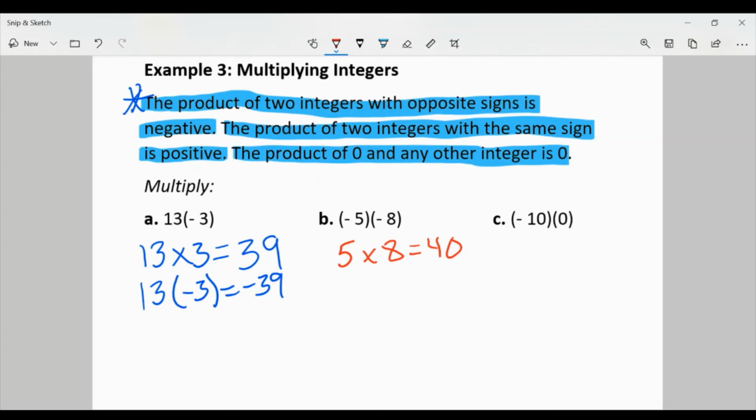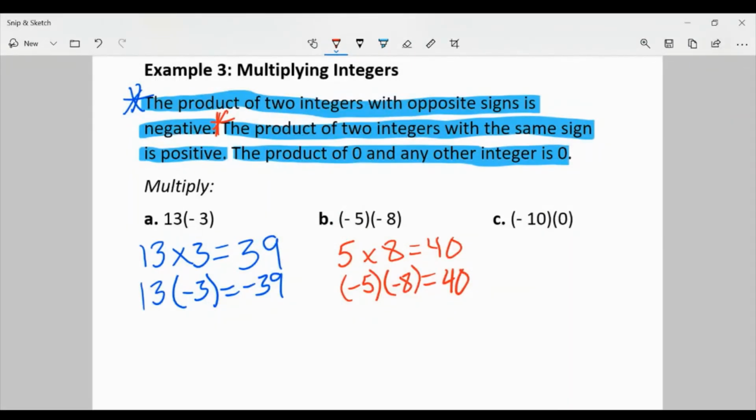Now, this rule here states that when I multiply two numbers that have the same sign, the answer is going to be positive. So that means negative 5 times negative 8 is positive 40, right? Because they're both the same sign.